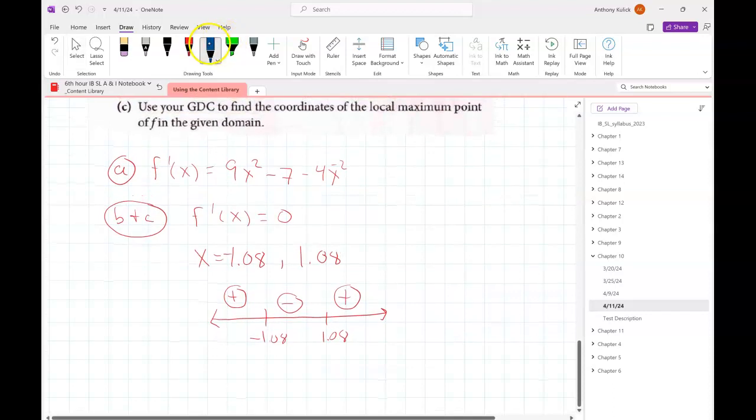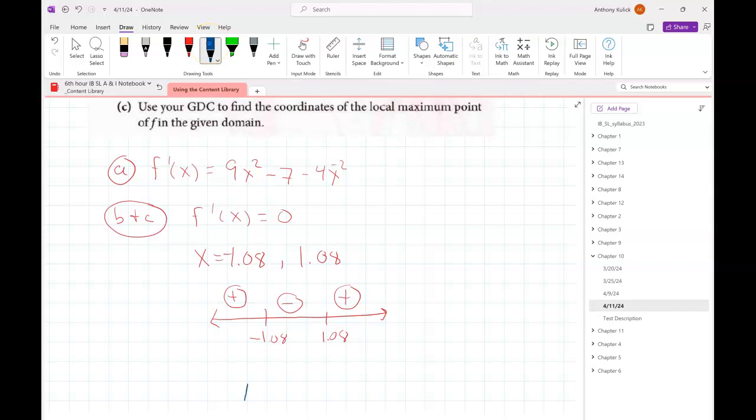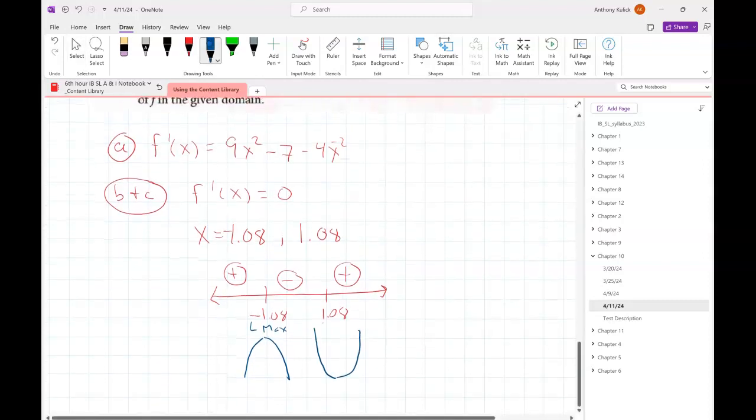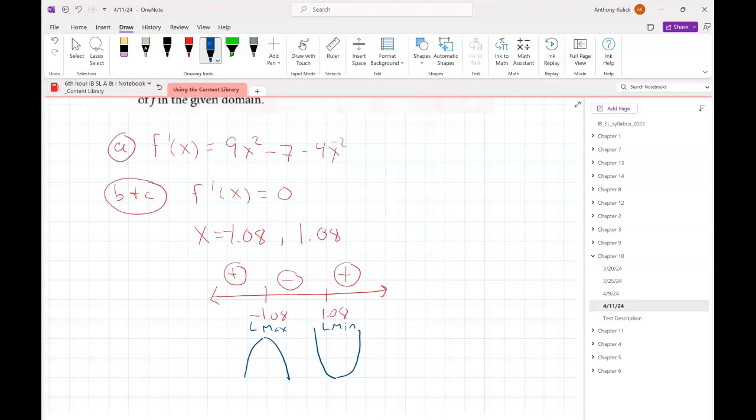So if I look here at the first, we're increasing because the derivative is positive, and then changing to decreasing because the derivative goes negative. That's a local max. The other one, we start decreasing until we get to 1.08, and we change to increasing. That's going to be a local min. Everybody's cool as to how I was able to tell which one was which?